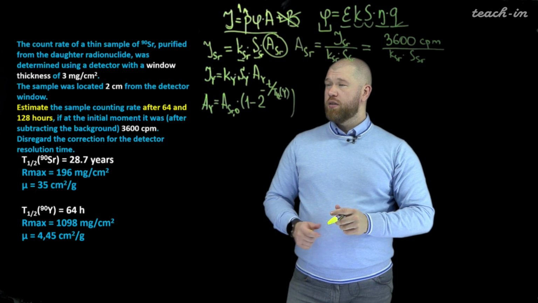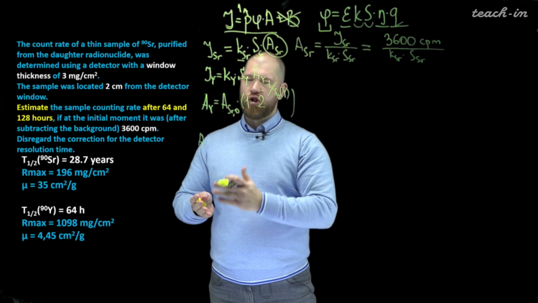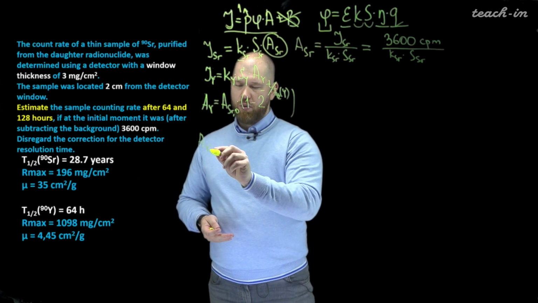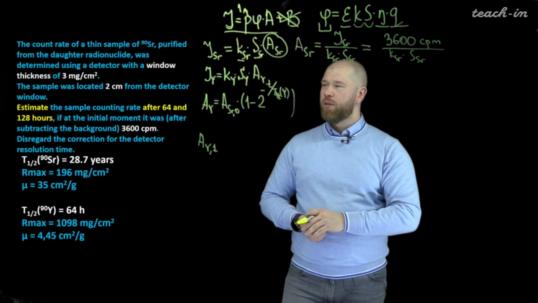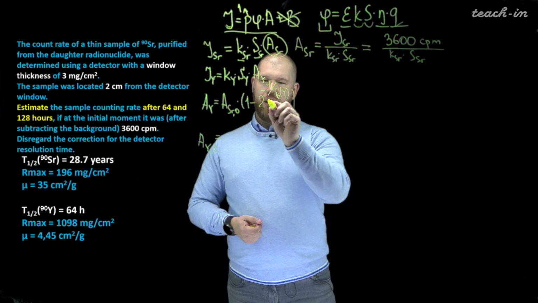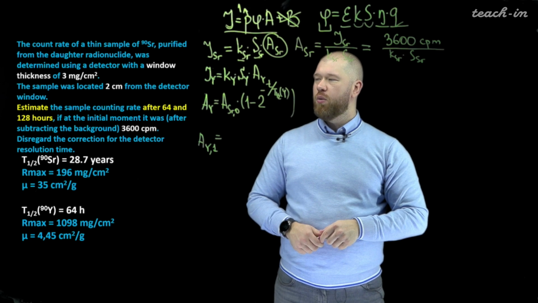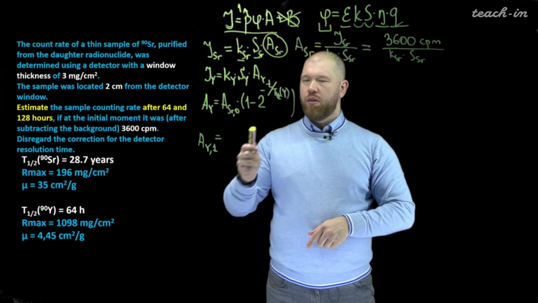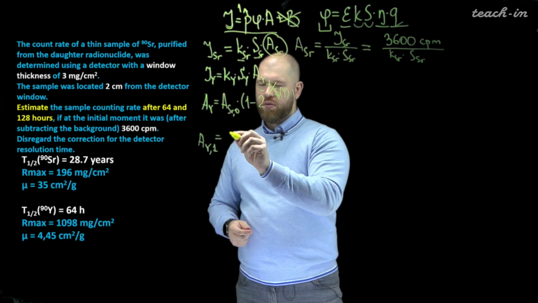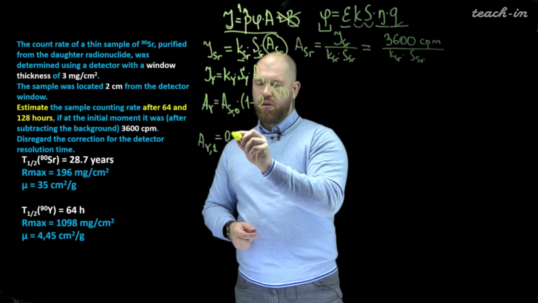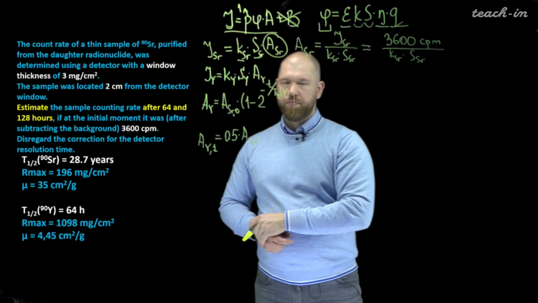Let's now calculate the relationship between the activity of yttrium after 64 hours. It will be case number 1. We can use this equation, and we can clearly see that after 64 hours it will be only 1 half-life of yttrium. That means that this whole expression will be equal just to 0.5 multiplied by the activity of strontium.